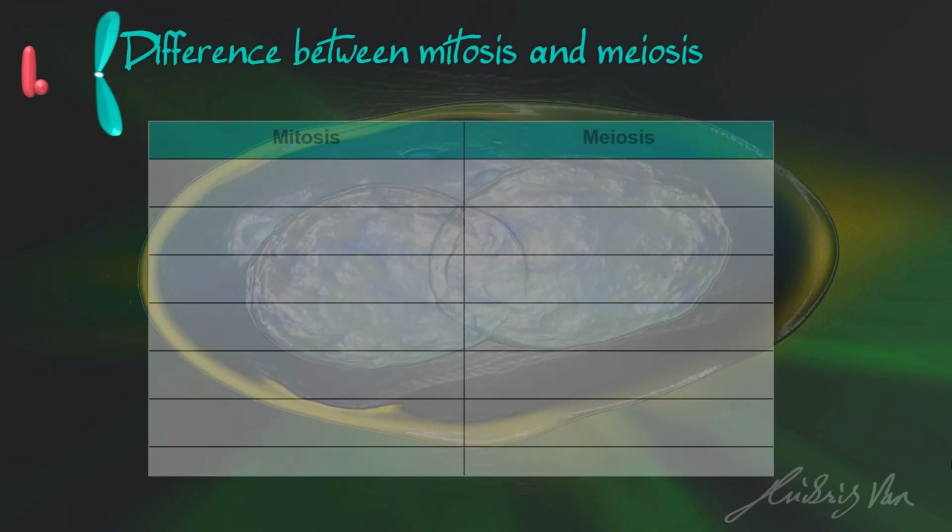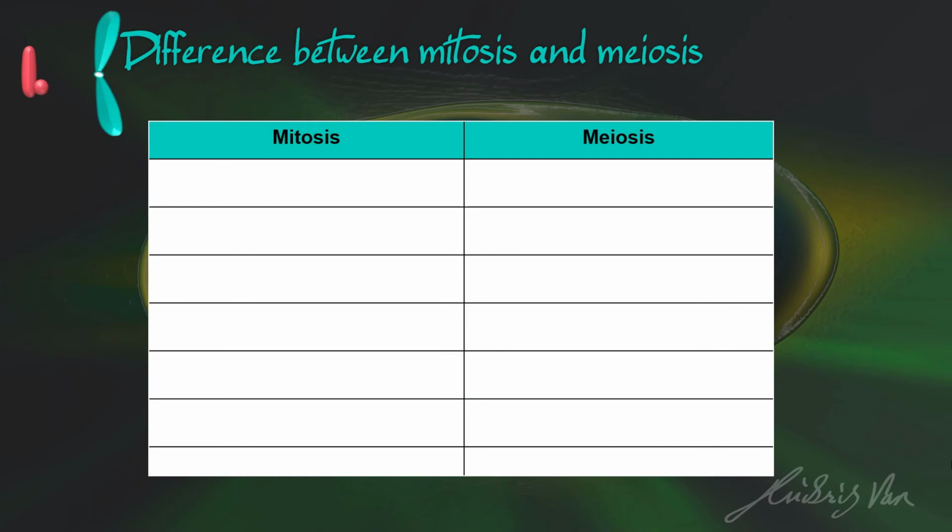Lastly, I have a table comparing the differences between mitosis and meiosis. So for mitosis, it occurs in all cells with a nucleus. Meiosis only occurs in your reproductive organs, specifically the ovary as well as the testicle.